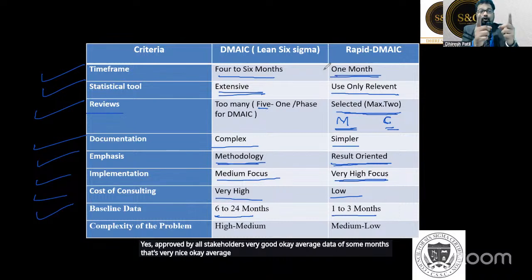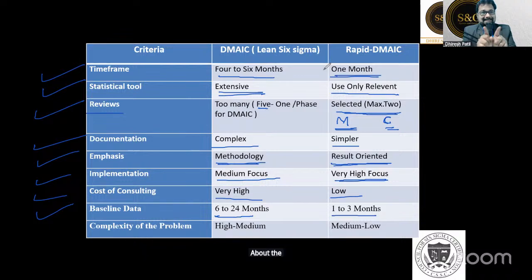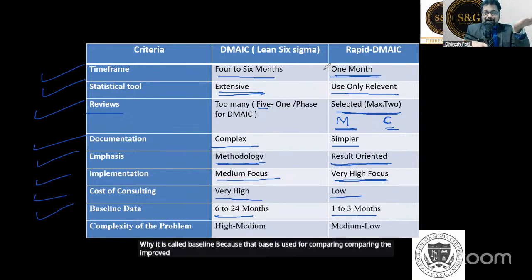So before we start the project, whatever data we collect about that project, about the output. Let's say if the project is of attrition, as I mentioned earlier, I will collect 1 year of attrition data. That is my baseline data. Why is it called baseline? Because that base is used for comparing the improved data, the improved version of the process.